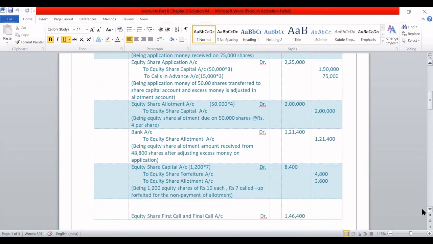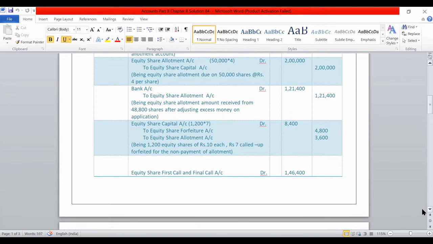Next is equity share application account debit 2,25,000 to equity share capital, that is 50,000 into 3, which gives you 1,50,000, and the excess of 25,000 shares gives you 75,000 as the price is 3 per share, being the application money of 50,000 shares transferred to the share capital account and excess money adjusted in the allotment account.